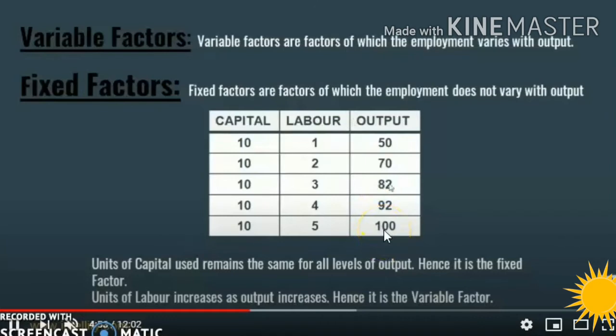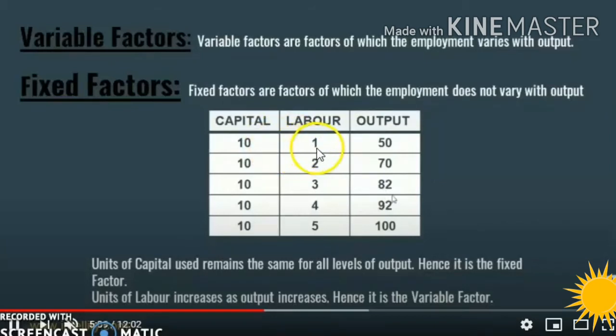So labor is always a variable factor and capital is constant. Capital means machines in a factory, and only labor changes.